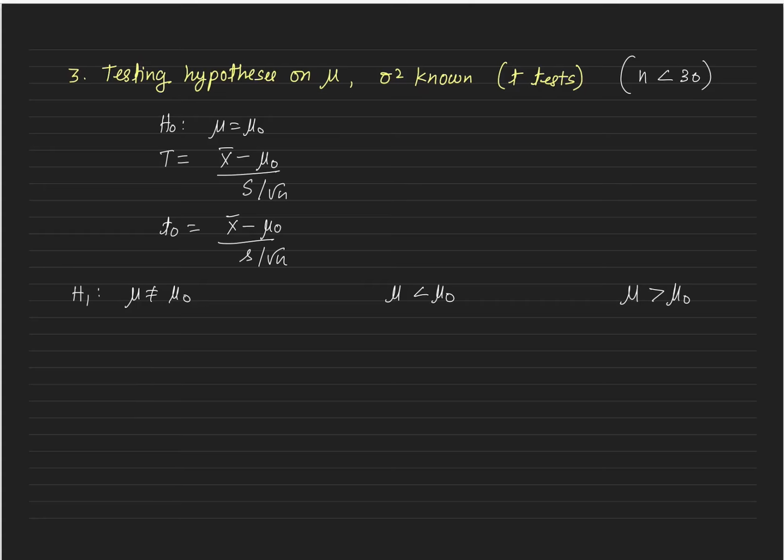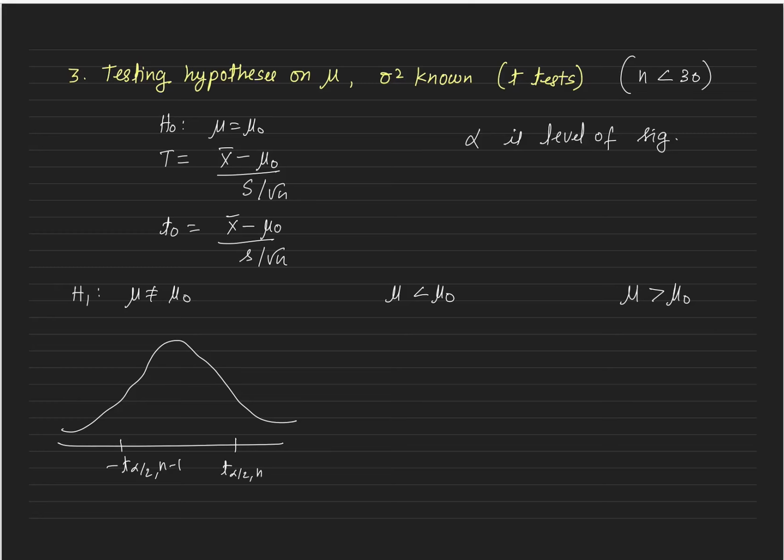And we know what a confidence interval is. Now, assume that alpha is the level of significance, then the confidence interval is between minus T alpha by 2 and T alpha by 2, let me draw this picture, and the degree of freedom is n minus 1.